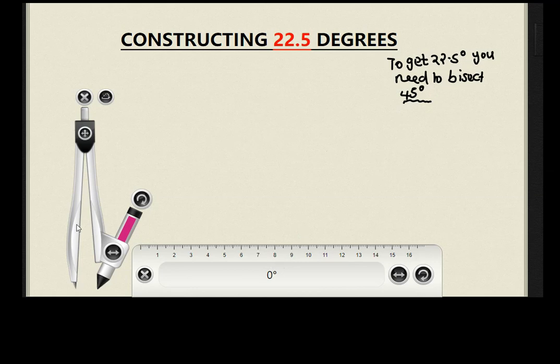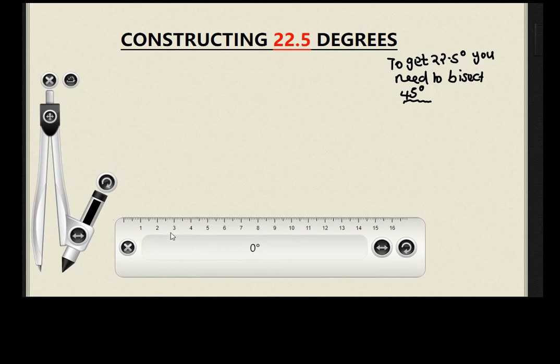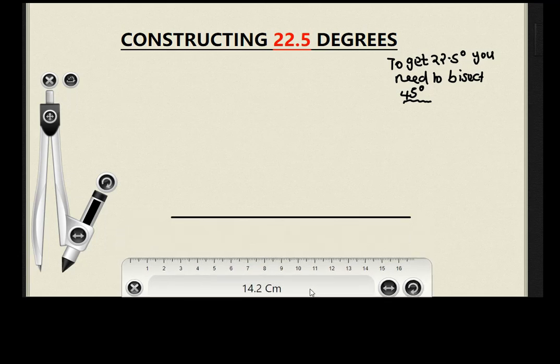Now we go ahead and start by constructing 90 degrees, because you know we can't construct 45 if we don't have 90 degrees. So we shall draw a straight line and say at this point, we can call this point A and this one B, such that we have.